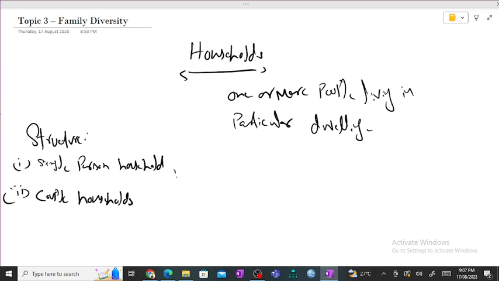Couple household. A couple household consists of two people without children. Such a household may include couples who have not yet started a family.